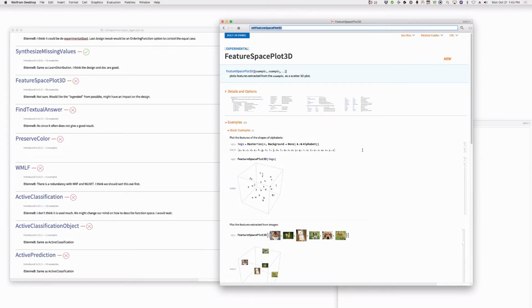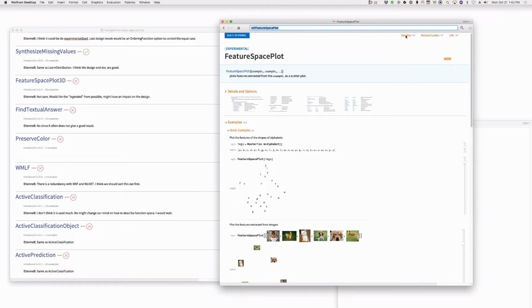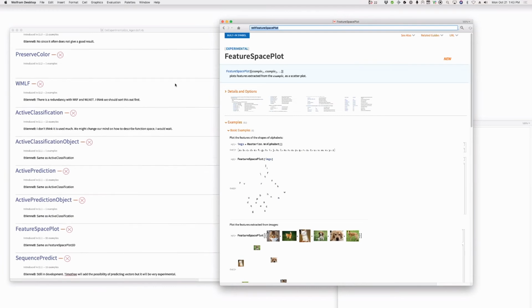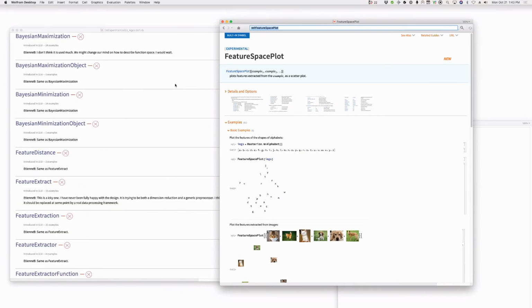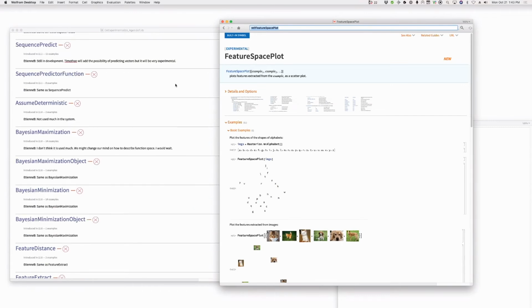Which ties into Etienne's comment in the notebook about legending. But feature space plot is not experimental, is it? I thought it still was. Yes, they both are. Then why are we listing one of them but not the other? It's listed further down, not next to each other. I guess the sorting mechanism makes 3 before. I don't know.